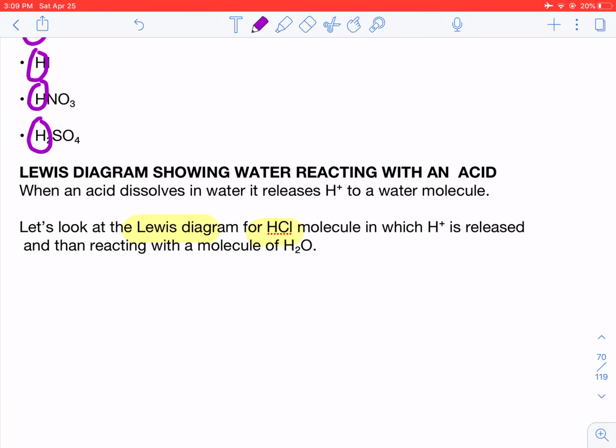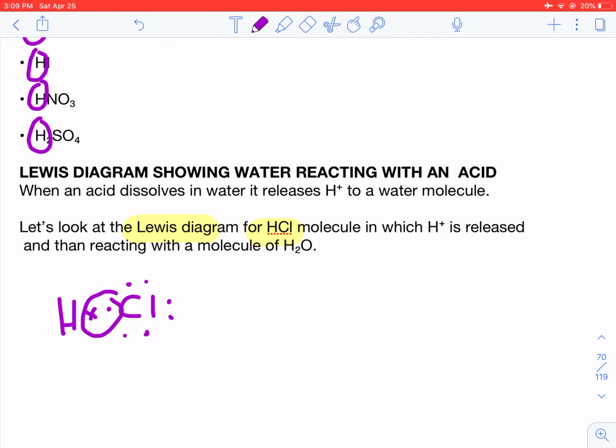If we have, for instance, HCl, we know chlorine is in group 7, so it has 7 valence electrons. Hydrogen has 1 valence electron, and we get a bond.